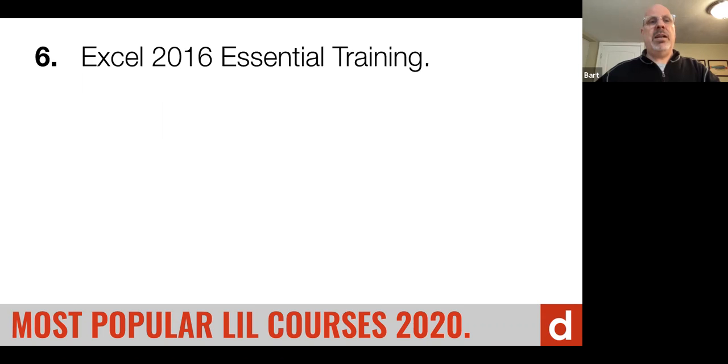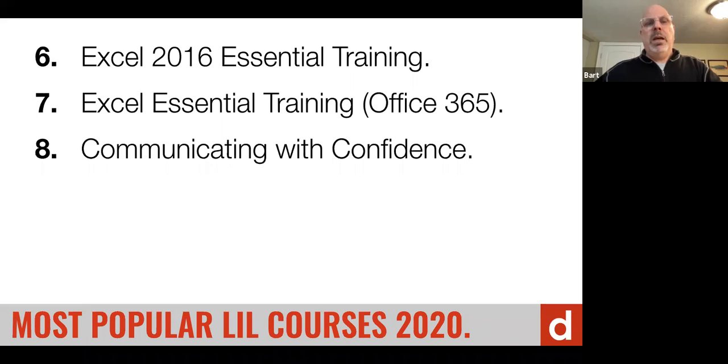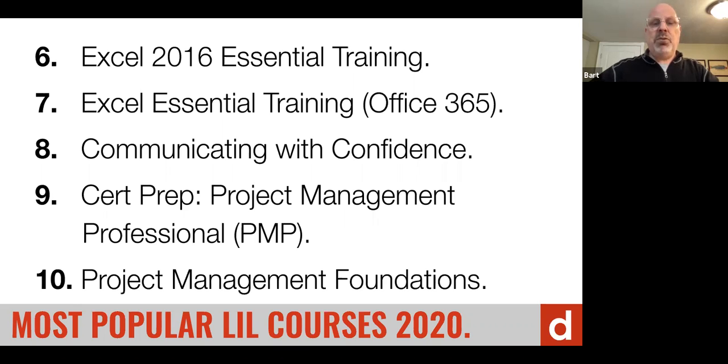The next set are Excel 2016 Essential Training, Excel Essential Training. By the way, in the top 20, there's a third Excel course, and they're all by the same guy. So he's doing really, really well. 8, communicating with confidence. 9, certification preparation for project management professional, closely followed by number 10, project management foundations.